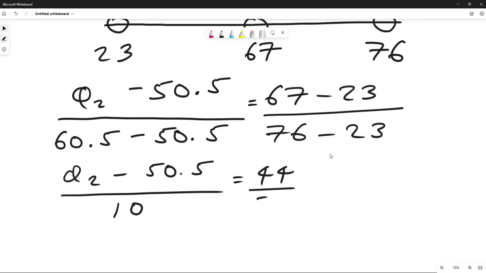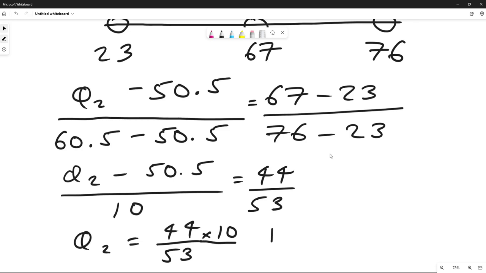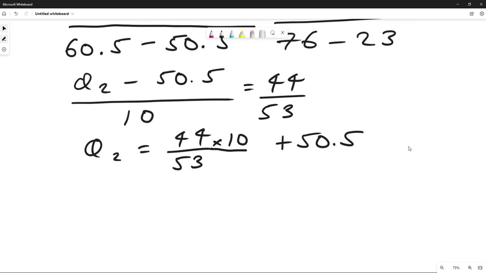So now we can manipulate the formula. We're going to get 44 over 53 times 10, and all of that plus 50.5, by making Q2 the subject of that formula.